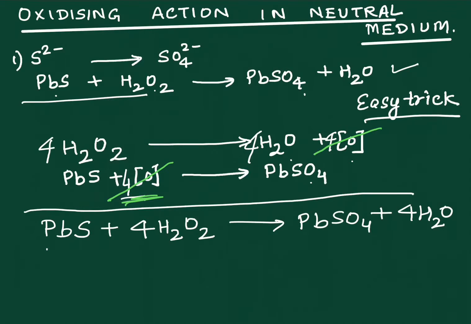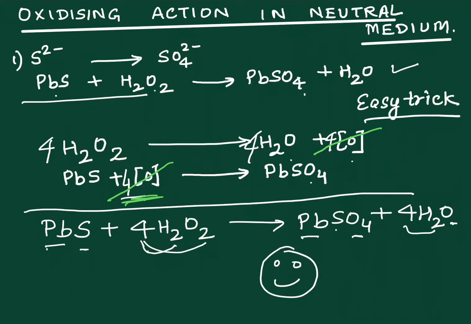Or you can also check whether this equation is completely balanced or not, just to be doubly sure. So 4 times 2 is 8. 4 times 2 is 8. 4 times 2 is 8 over here. 4 oxygen plus 4 oxygen makes it 8. 1 lead, 1 lead, 1 sulfur, 1 sulfur. Balanced. Easy. Now you know how to write this equation.